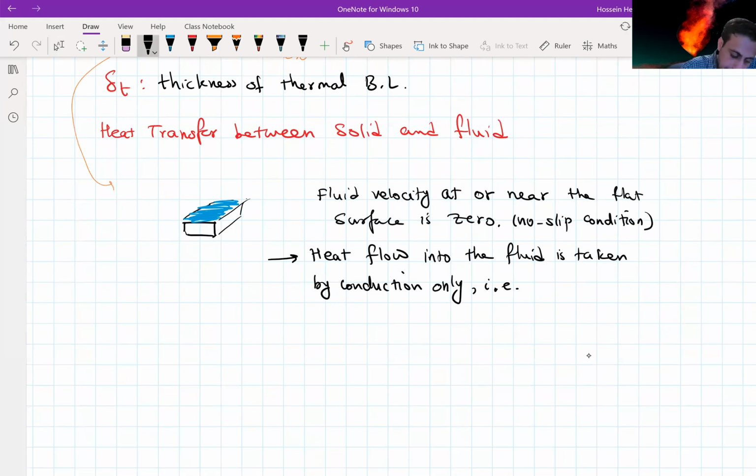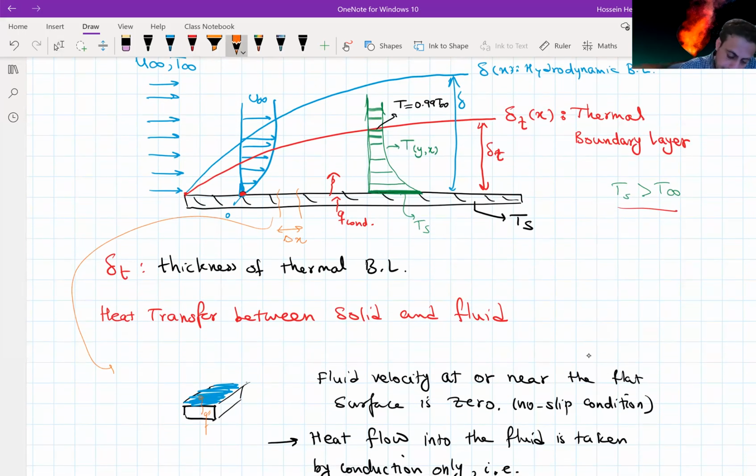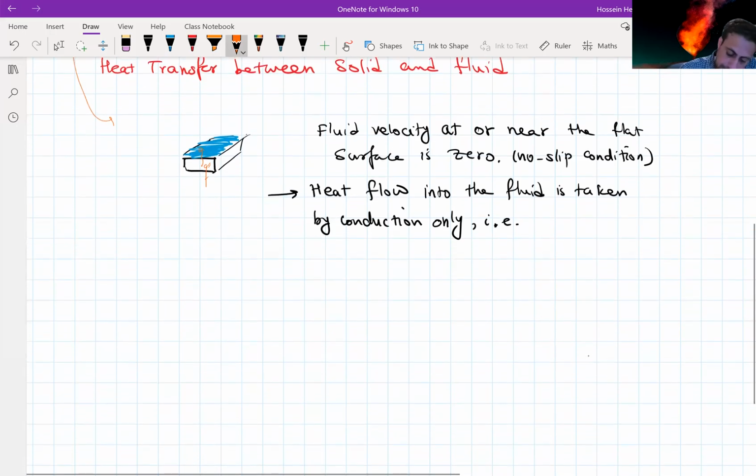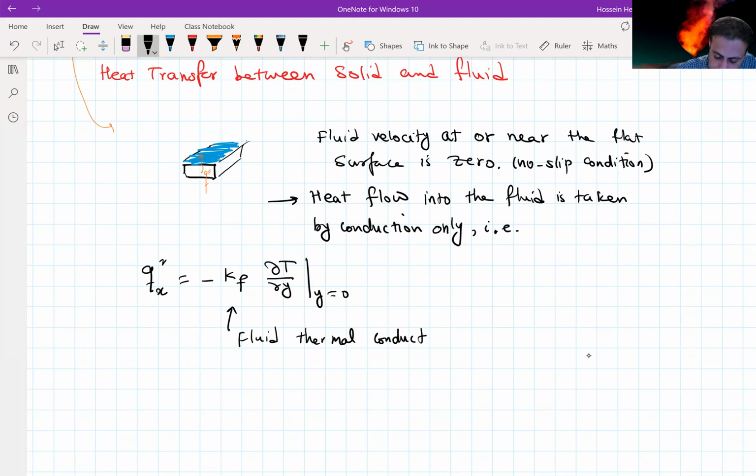Let's say we have a flux Q double prime that is passing here, so we have here Q conduction, say at the location of x, it's going to be minus kf dT/dy at y equal to 0, where kf is the fluid thermal conductivity.